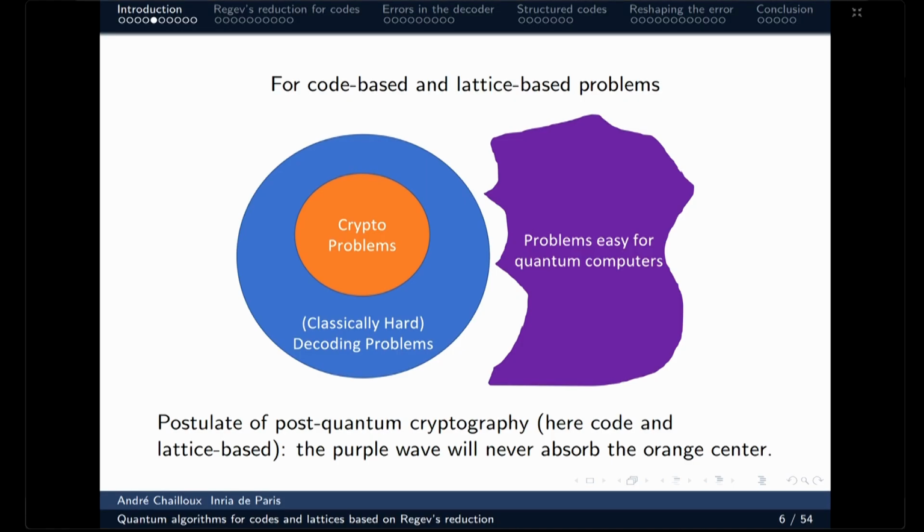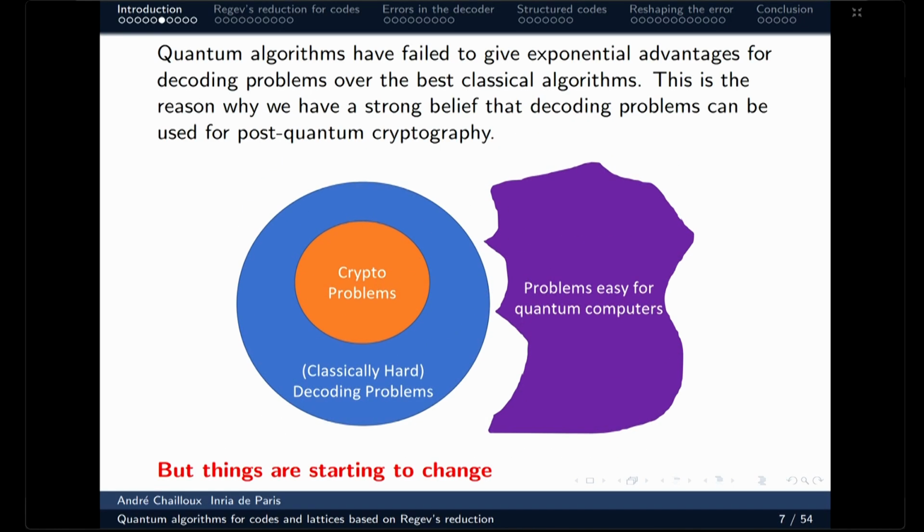This is the main postulate, but we also have stronger beliefs that this family of decoding problems is hard, because even if you consider other decoding problems for other parameters, which are not necessarily used in crypto, there are many variants that you can define, and the problems that are classically hard, we also believe to be quantumly hard.